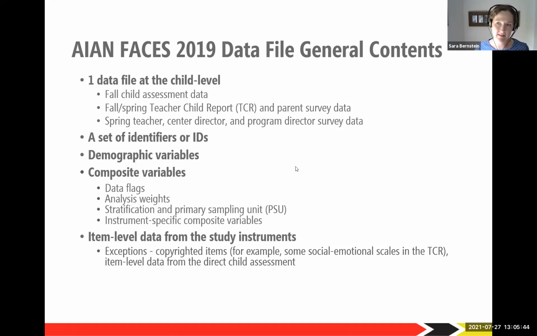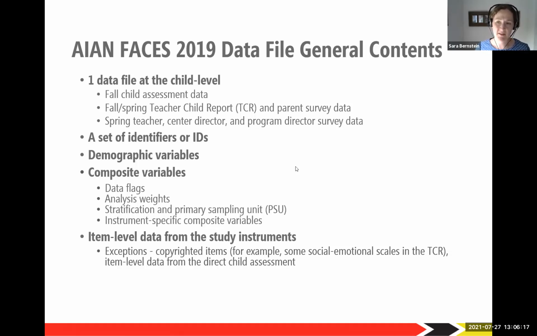That file contains a set of unique identifiers or ID variables. So they would, for example, identify each sampled child, each classroom in the study, each teacher, et cetera. The file also contains demographic variables such as the child's sex, age, and race ethnicity. We also include some composite variables and some data flags indicating whether there are completed instruments for the child, and also a number of weights that we'll talk about later.